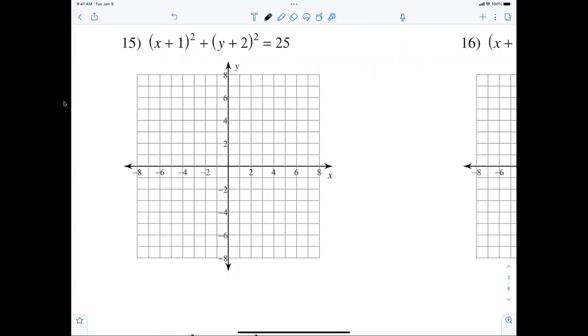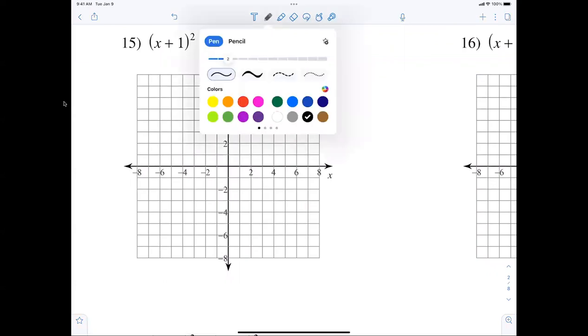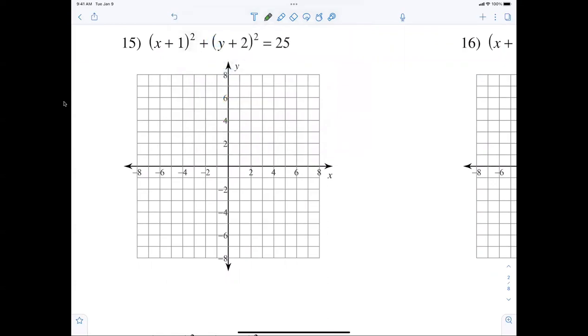Again, somebody tell me what the center is here. For 15? What is it? (-1, -2). (-1, -2) is in fact the center, and the radius is what? 5. Right, so from the center, you just go to the right 5. To the left, 5. Up 5.